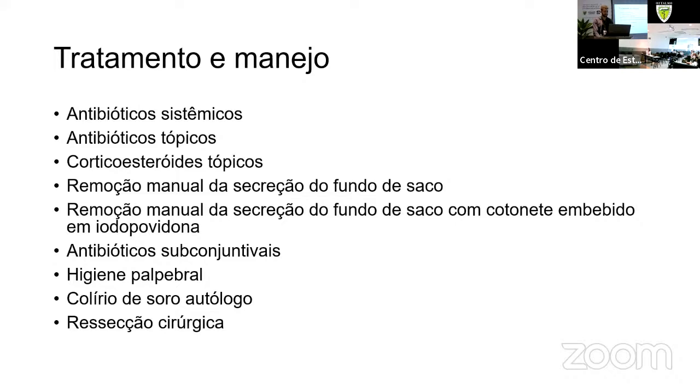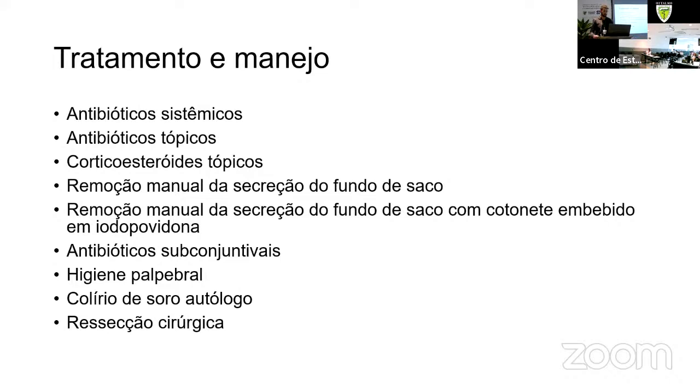The treatment of the case, you can use several therapies. It's not quite sure. The disease is quite recent. The first time they talked about it was in 2004, so we don't have a defined therapy, but you can use systemic antibiotics, topical corticosteroids.